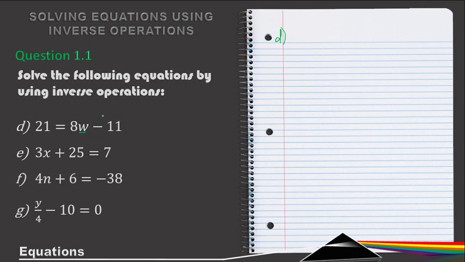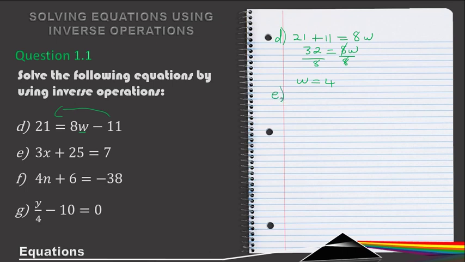So if I take 11 to this side, then it is 21 plus 11, because its sign changed, is equal to 8W. Then 21 plus 11 gives me 32 equal to 8W. Then I divide both sides by 8 so that I can get rid of this 8 that is next to this W. So W is then equal to 4 when I say 32 divided by 8.